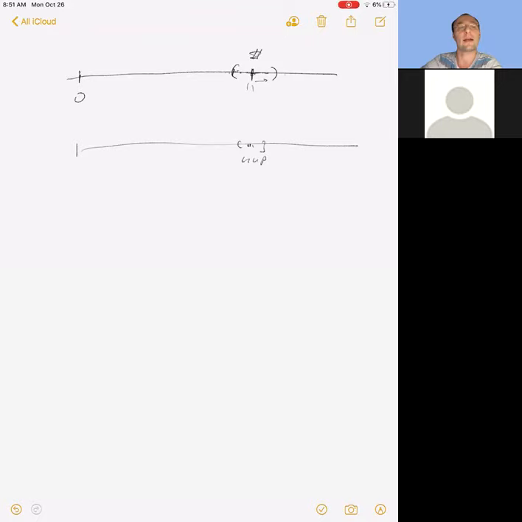So this is yet another example where the wave nature of an entity, whether that wave nature is expressed or it's irrelevant, depends on the context.